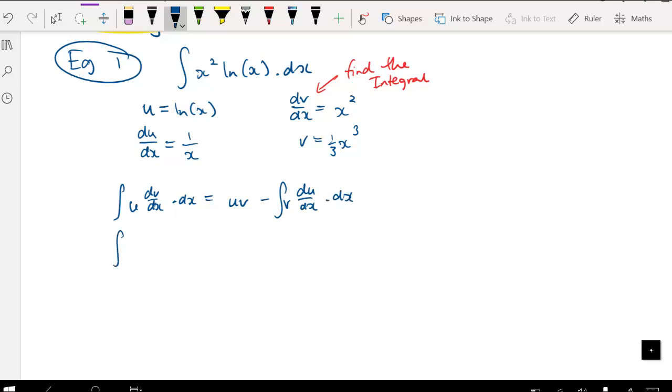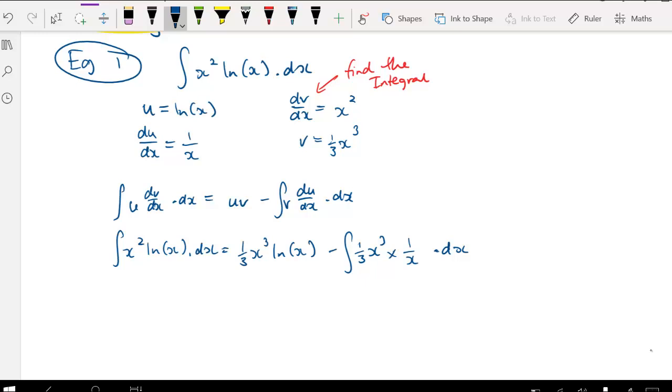Okay, so we're looking at the integral of x squared ln x with respect to x is equal to u times v. So we've got 1/3 x cubed ln x, and subtract the integral of v du dx. So v is 1/3 x cubed, and du dx is 1 on x, and this is with respect to x.